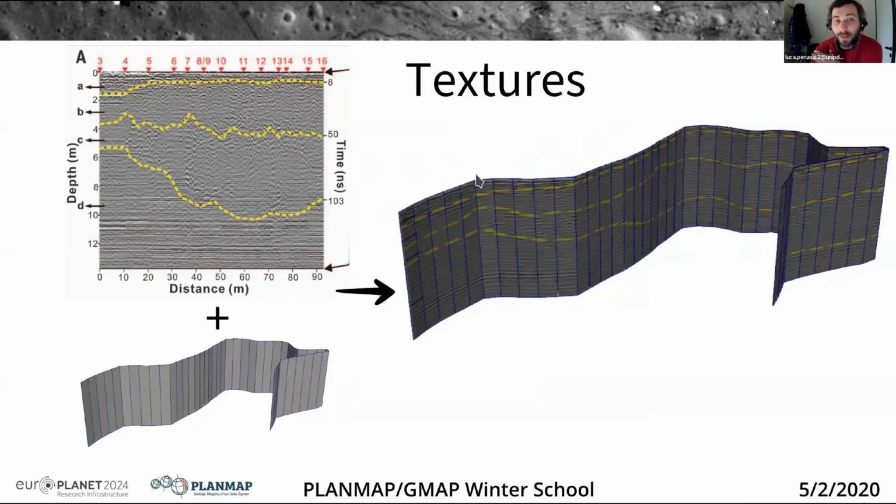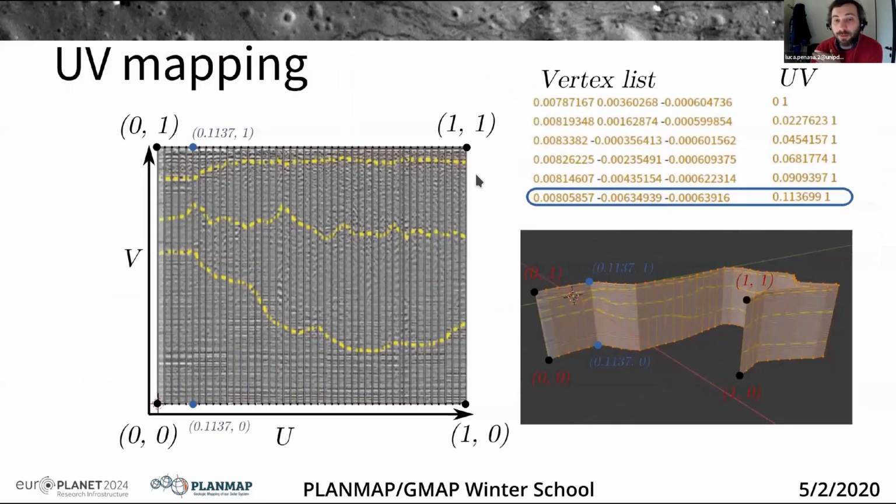I would just like to briefly, I'm not sure I'll be able to explain it easily, explain how they work. So the keyword here is UV mapping, which is a technique to express the mapping existing between the 3D model here and the corresponding image.